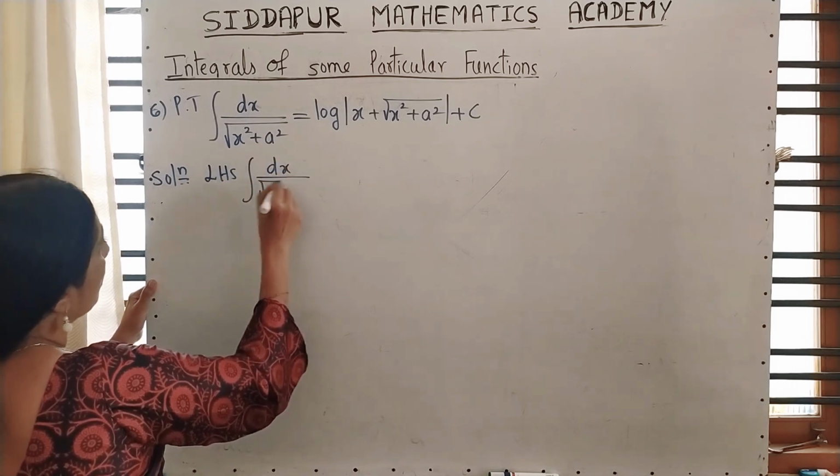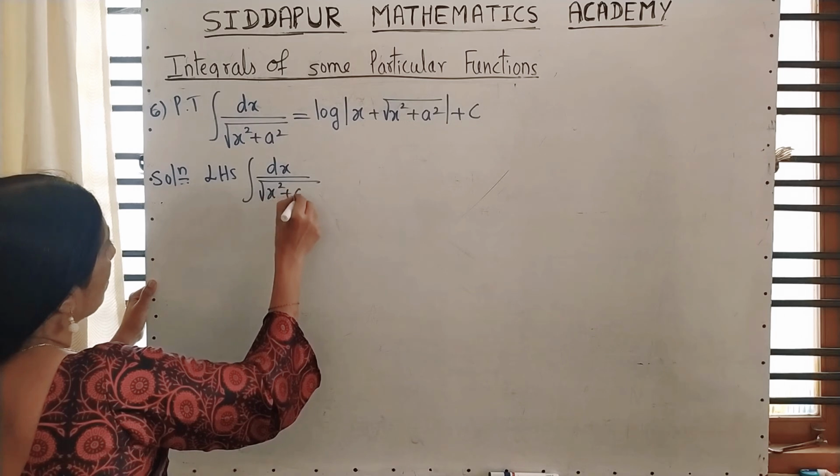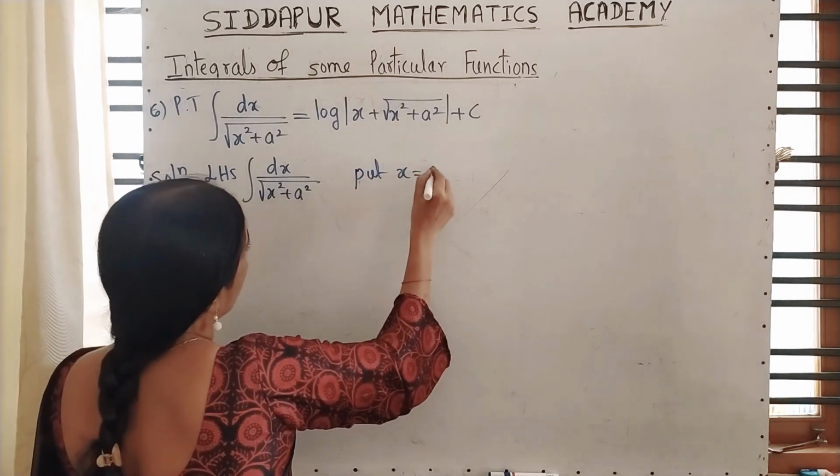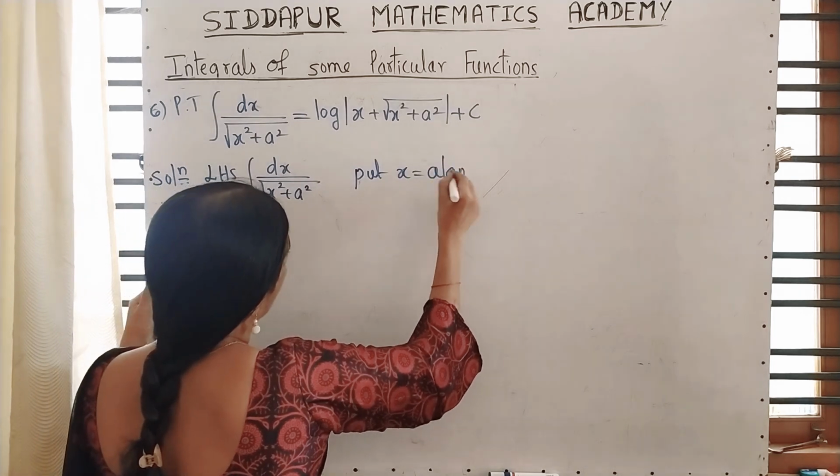dx upon root of x square plus a square. Put x is equal to a tan theta.